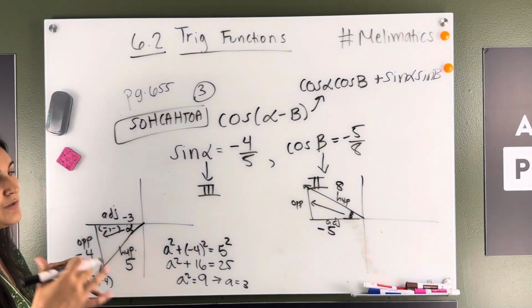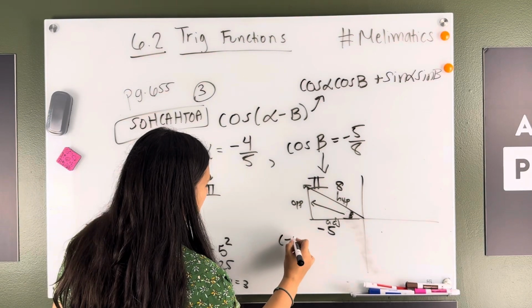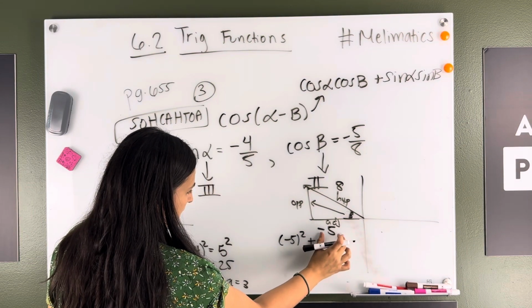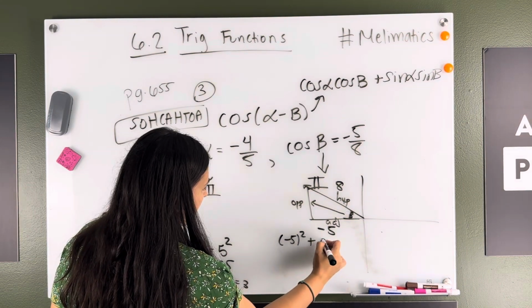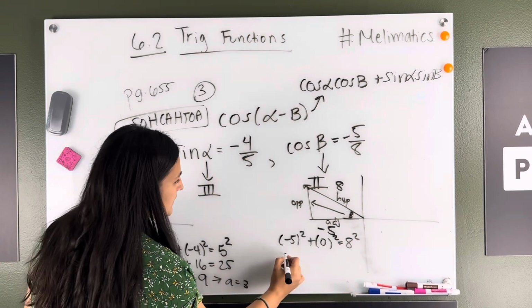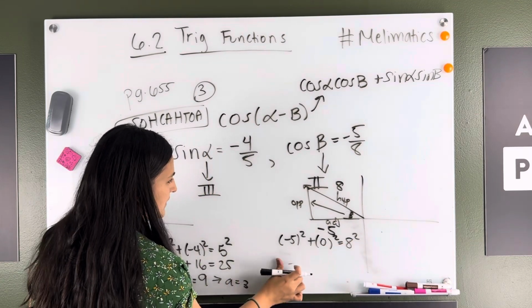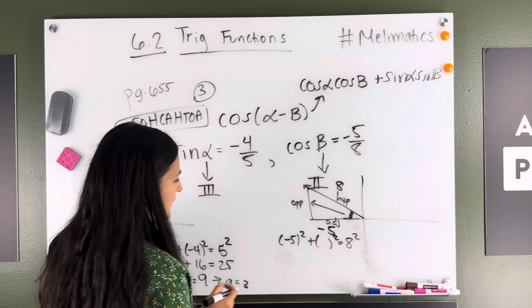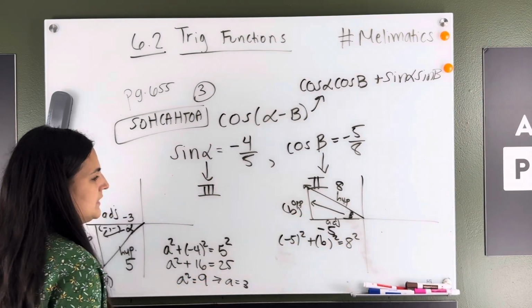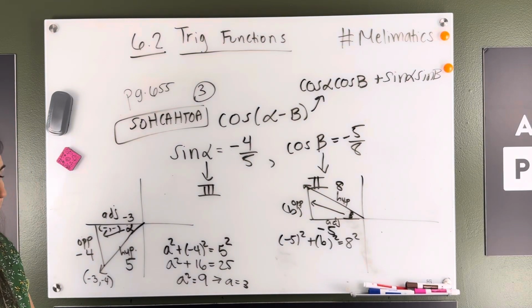Again we use the Pythagorean theorem: one leg squared plus the other leg squared equals the hypotenuse squared. We're solving for the opposite, so let that opposite be represented by B.